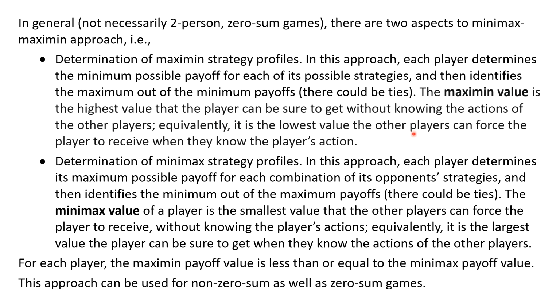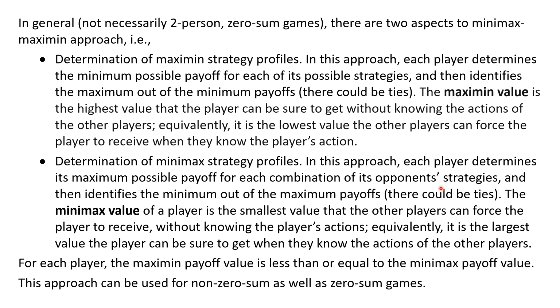Equivalently, it is the lowest value the other players can force the player to receive when they know the player's actions. Then we have this complementary approach here, the minimax strategy. In this approach, each player determines the maximum possible payoff for each combination of its opponent's strategies, and then identifies the minimum out of the maximum payoffs.